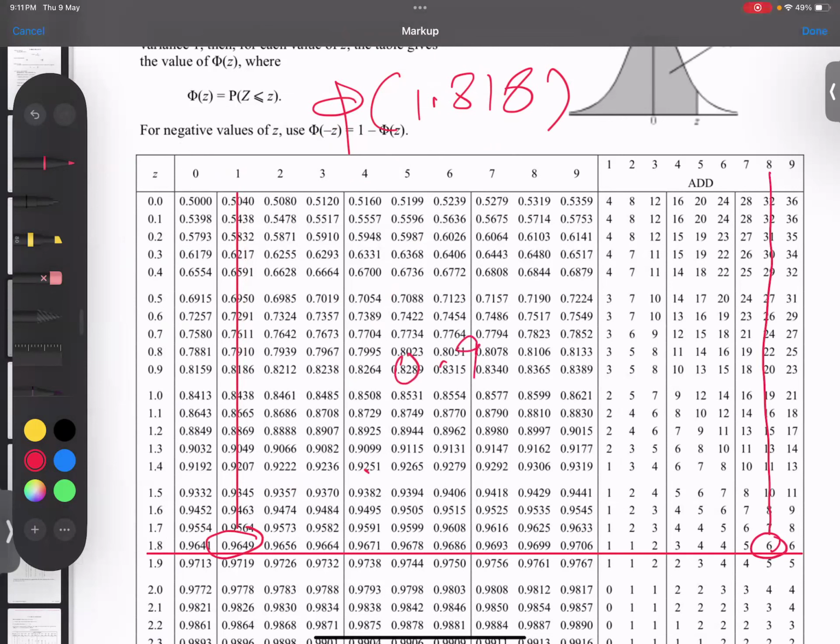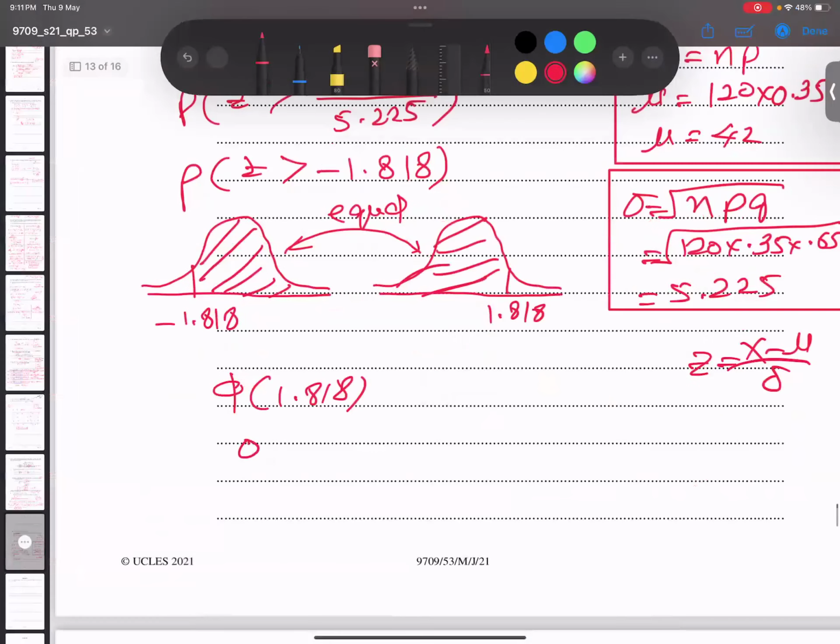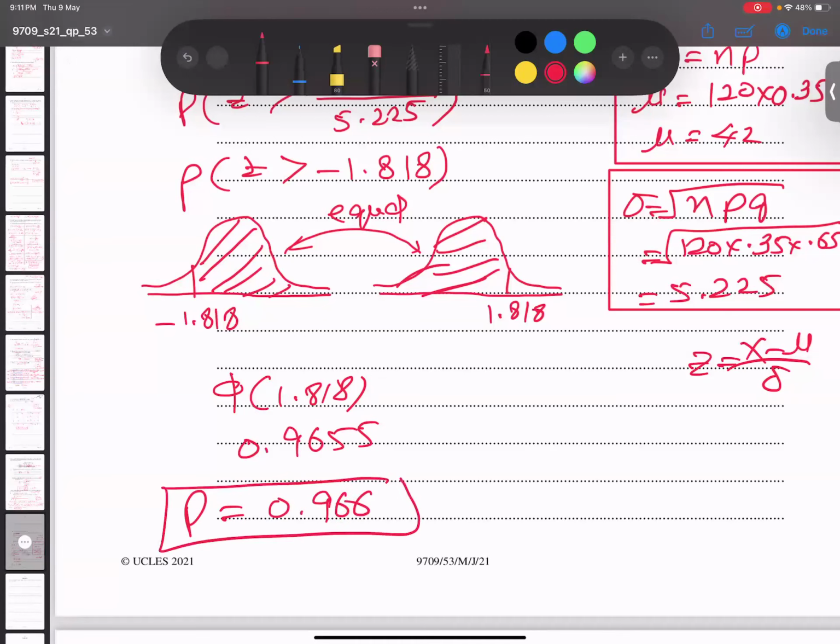So 0.9649, and I'm adding 6, so 0.9655. So I think it is clear: 0.9655. And there's a rounding to 3 decimal places of 0.966. So I believe the point is very clear.